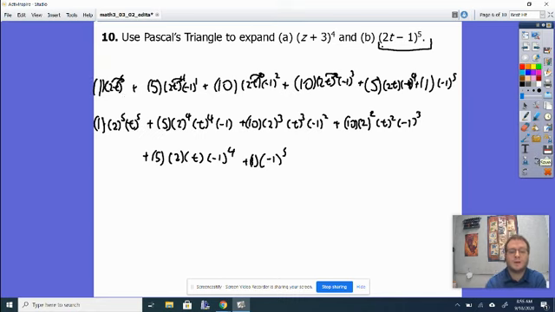Okay, so I'm going to look at this first term. I've got 1 times anything is just going to be that thing. 2 to the fifth is 16 t to the fifth. 5 times 2 to the fourth, and then this is going to turn it negative, that negative 1.